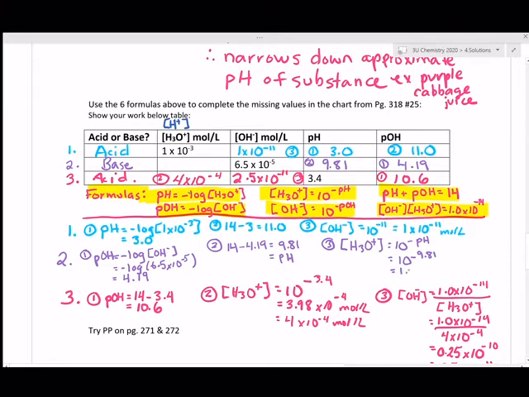And you get 1.55 times 10 to the negative 10. We are having 2 decimal places here, so I'm going to just round this to 2 significant digits, so 1.6 times 10 to the negative 10 moles per liter.